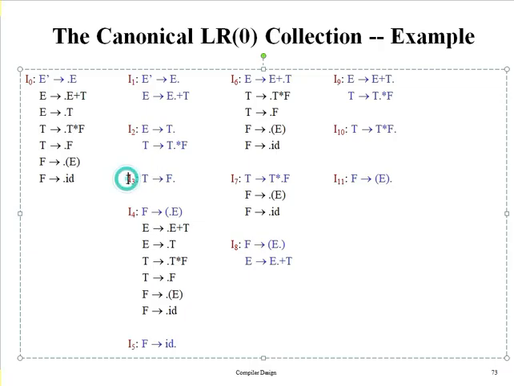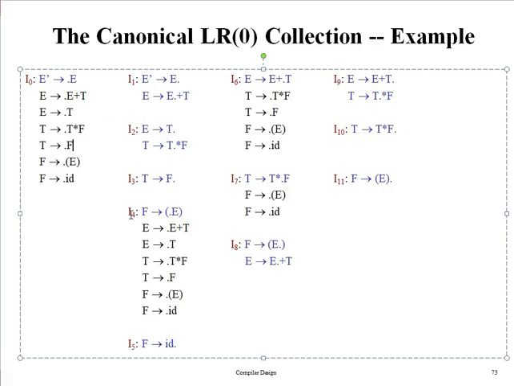Then I3 is derived from I0 by shifting the position of the dot after F, because this production rule is the only one having non-terminal F after the dot.